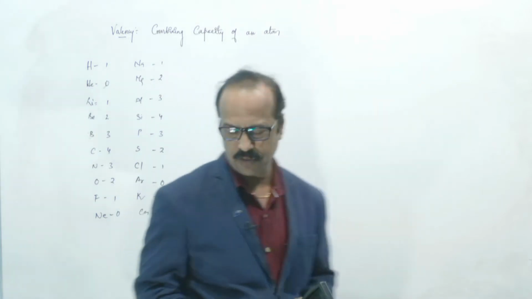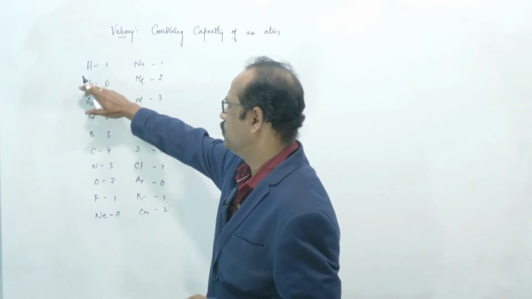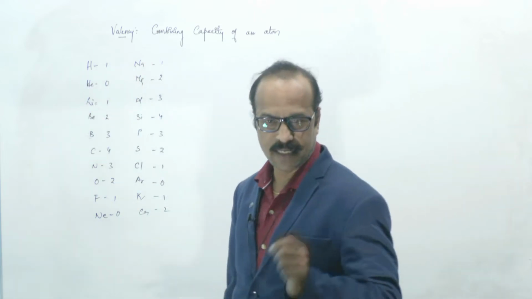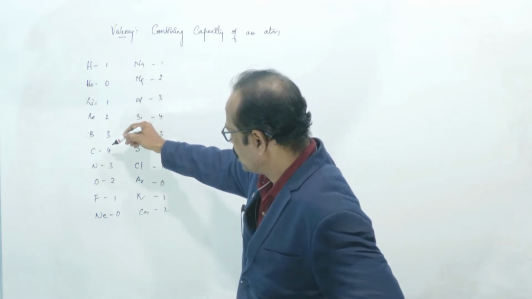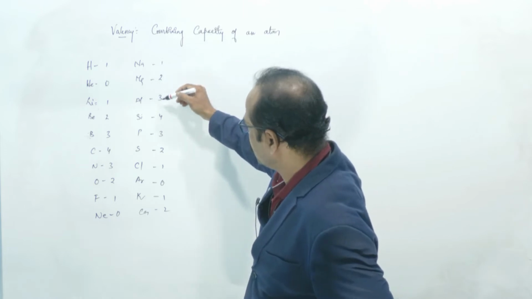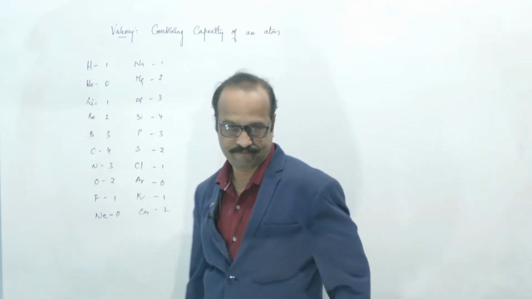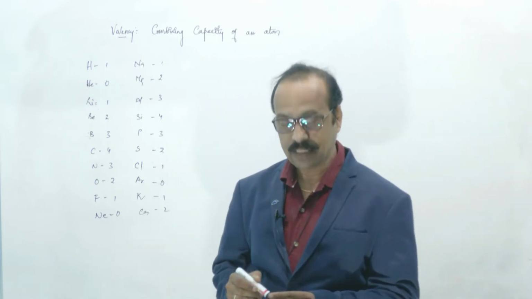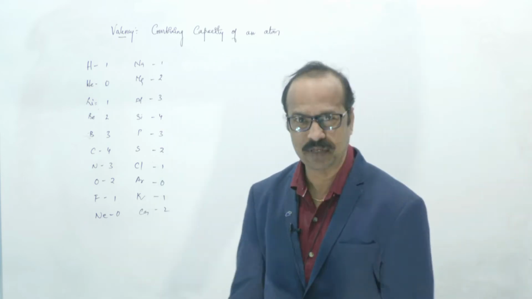It is a very easy way to remember. The first is 1, the second is 0. Helium is an inert gas, and the valency of inert gases is 0. Then 1, 2, 3, 4, 3, 2, 1, 0, and again 1, 2, 3, 4, 3, 2, 1, 0, and 1 and 2. These are the valencies of the first 20 elements, which we already discussed in previous classes.